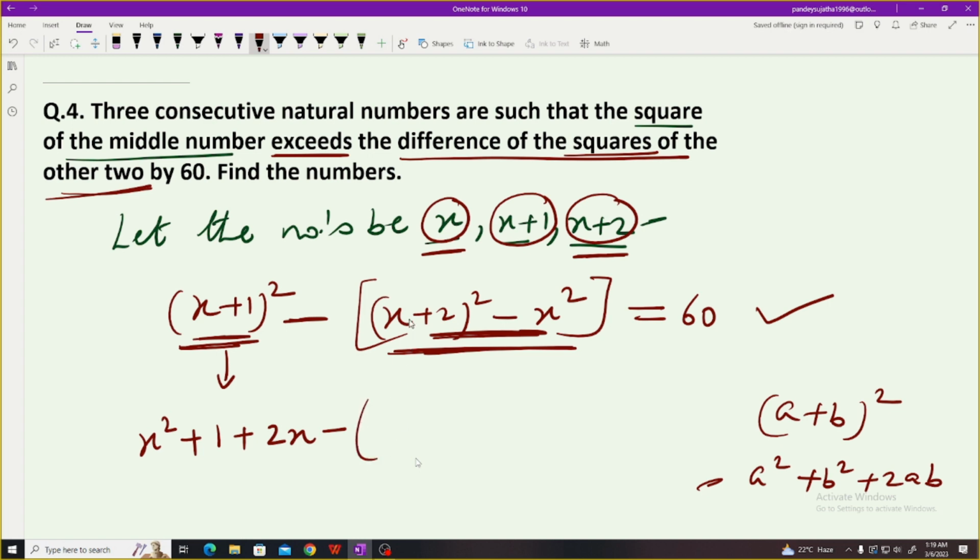So it is x square plus b square, that is 4, plus 2 into a into b, that is 4x, minus x square, which is equal to 60.